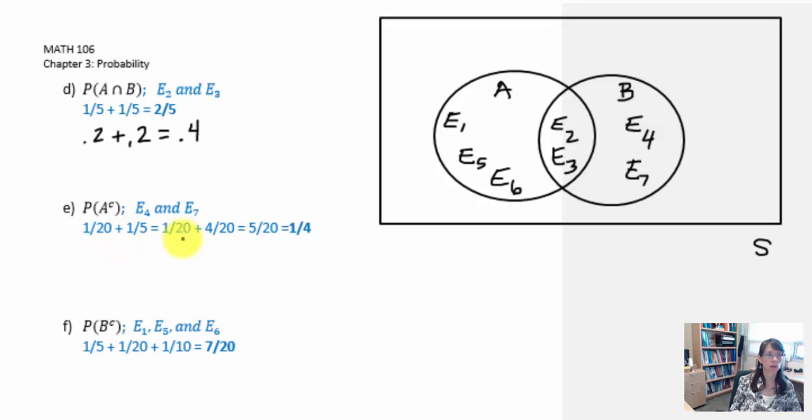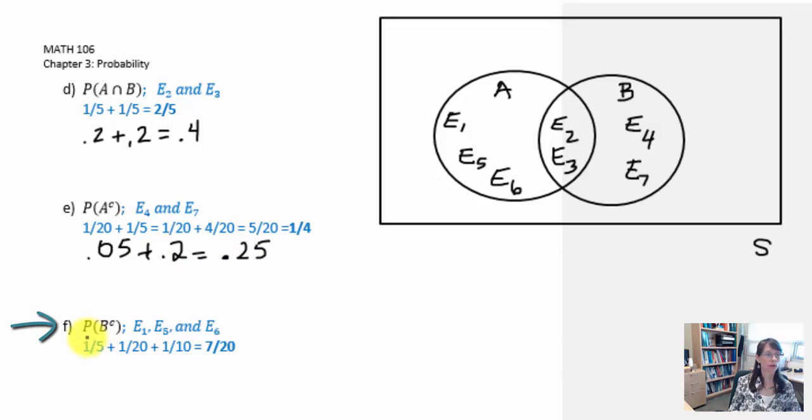It ends up to be 1/20th plus 4/20ths or 5/20ths. So we could go back and use our decimal values of 1/20th, which was our 0.05, added to 0.2, which is 0.25. And 0.25 is the same thing as 1/4.